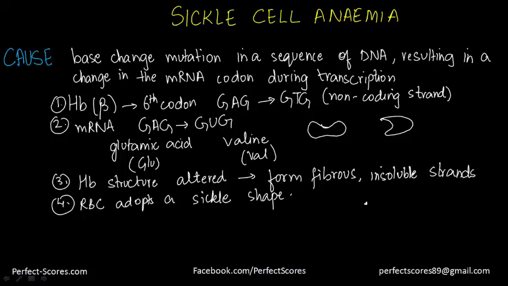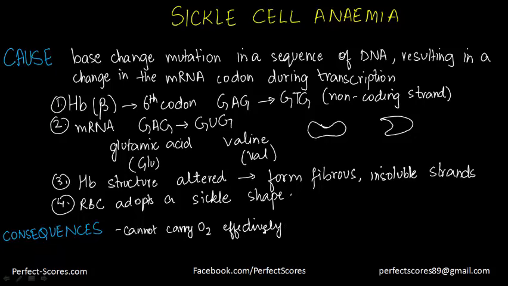So what are the consequences of sickle cell anemia? The major consequence is that hemoglobin becomes insoluble. It cannot effectively carry oxygen. So it cannot carry oxygen effectively. Due to this, a lot of other things happen, and the individual can constantly feel tired.